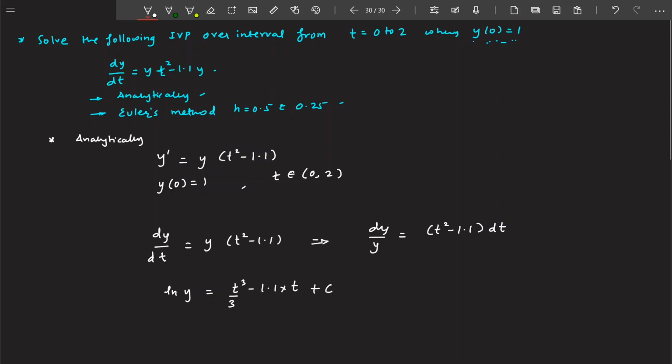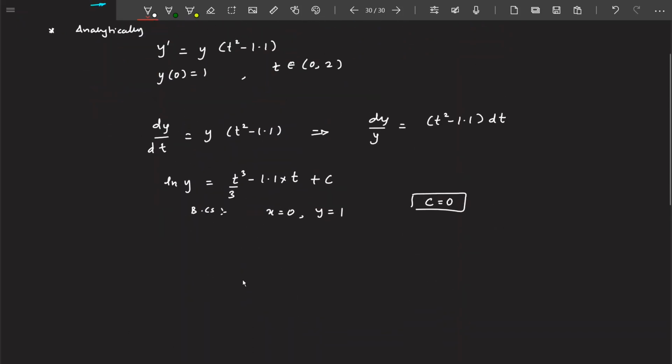Now to remove this constant, you are going to use the boundary condition. The boundary condition here is at t equal to 0, y is equal to 1. If you substitute t equal to 0 and y equal to 1, you'll realize the value of c that you are getting is 0.